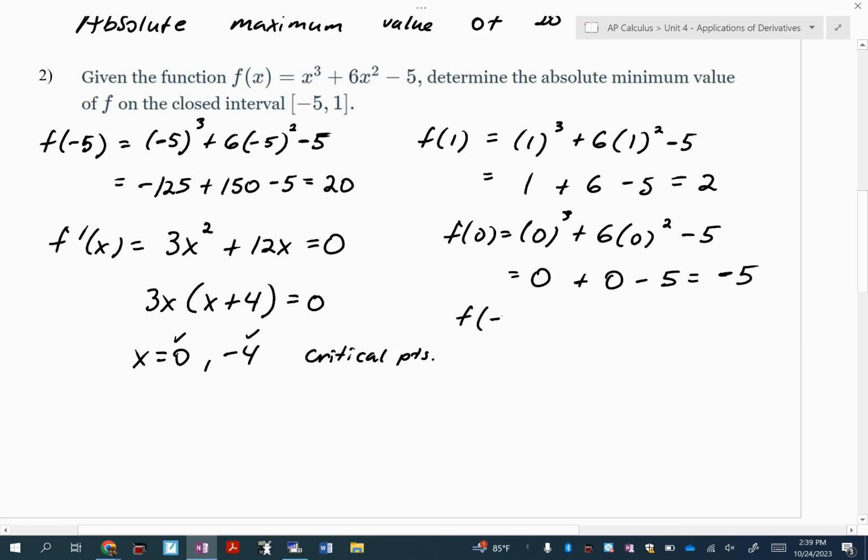And then plug in -4. So -4 cubed is -64. -4 squared is 16. Do you know 16 times 6?